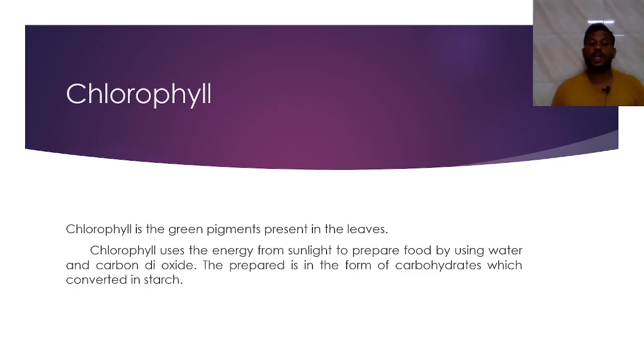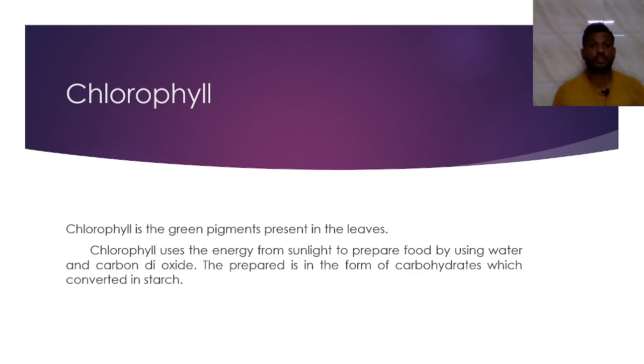First chlorophyll absorbs the sunlight, then it absorbs the water from the roots, the carbon dioxide from the atmosphere, and the minerals from the roots. By these 4 components, chlorophyll prepares the food in leaves in the form of carbohydrates, which is further converted into starch, and starch is stored as food in a plant's different parts.